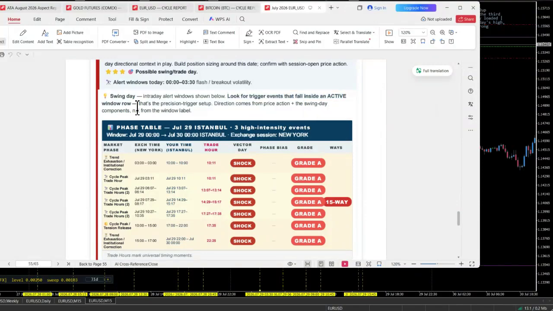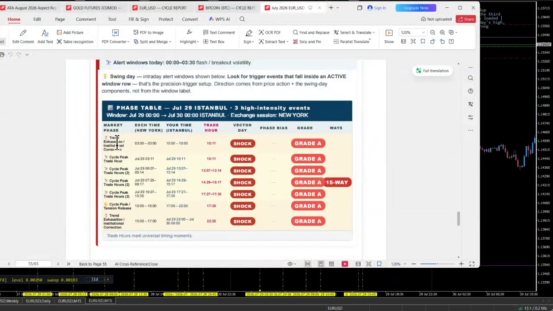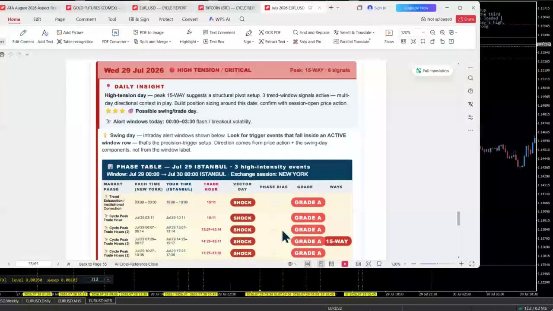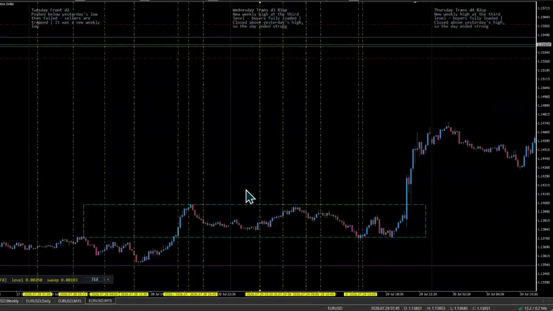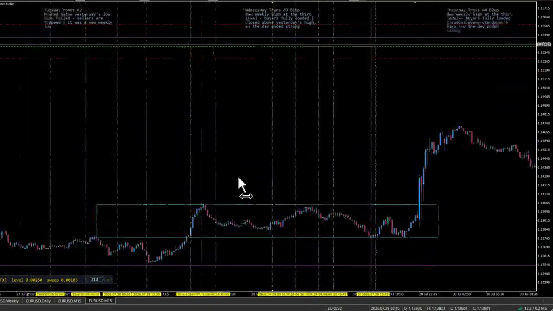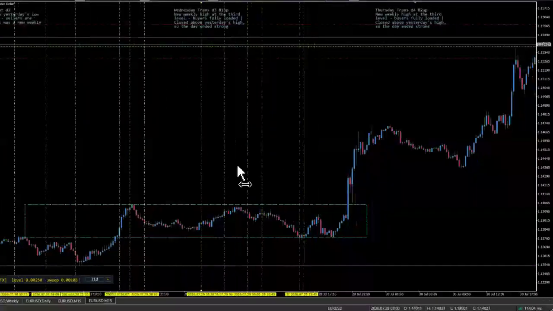So what am I supposed to do? I'm supposed to match these hours, periods, with my technical analysis. And I'm also supposed to read these. Let's take a look. Trend exhaustion, institutional correction at 10:10. So this is Wednesday, remember? 10:10. This is Wednesday. Here we are.